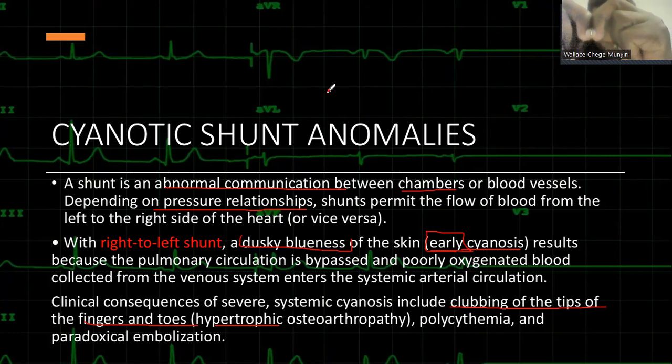Now, when it is absent, the Schamroth window will be obliterated. And that shows the patient has hypertrophic osteoarthropathy. And that will tell you there is hypoxia.